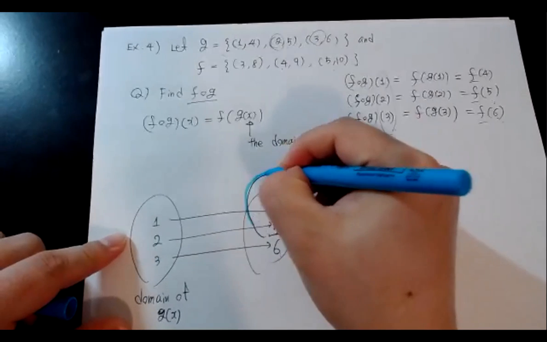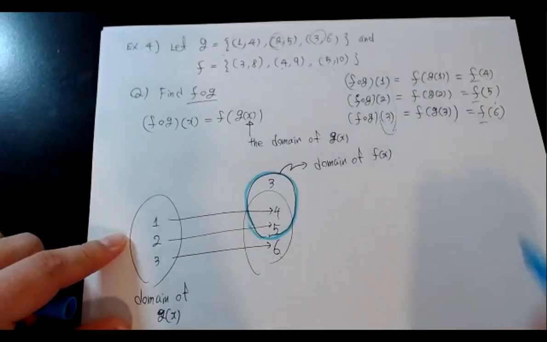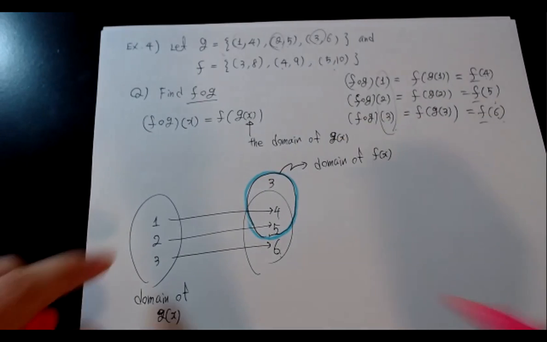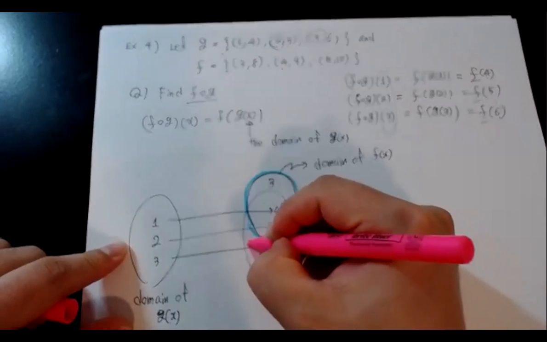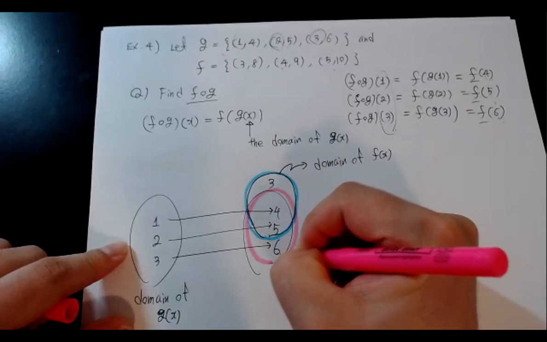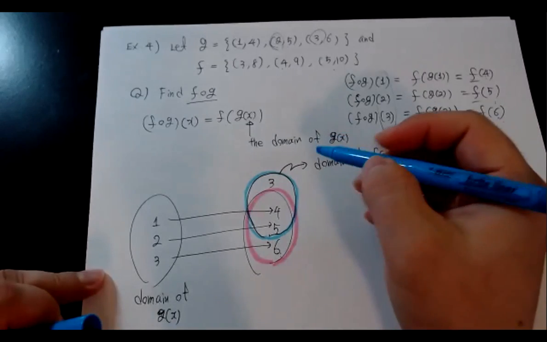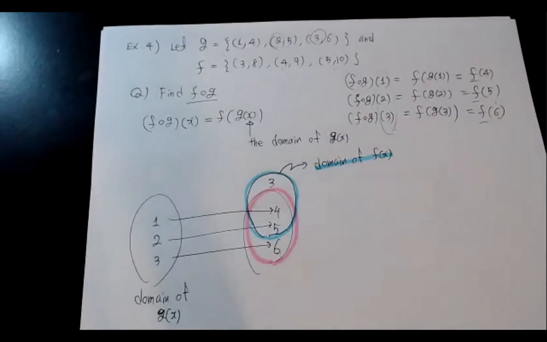That's the domain of f of x. This is what, 4, 5, 6 is the domain of the range of g of x, right? So it's this right here.